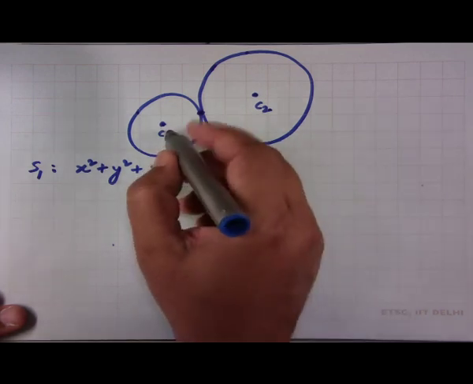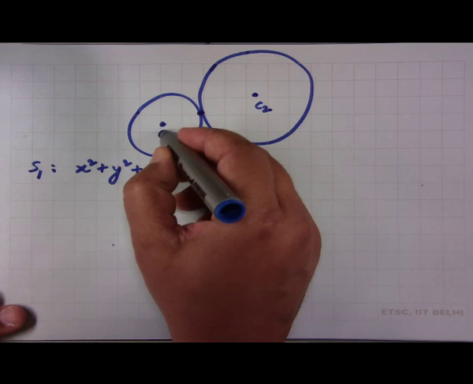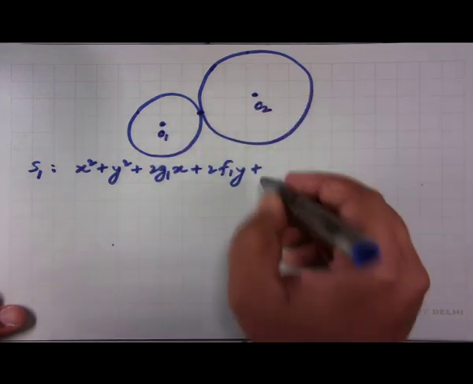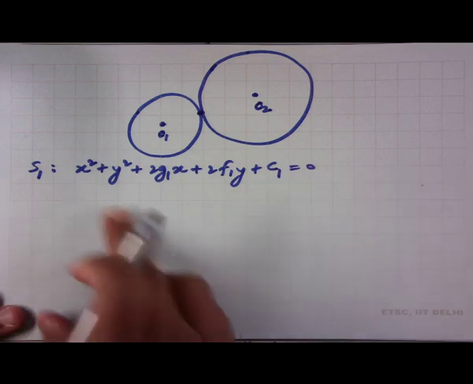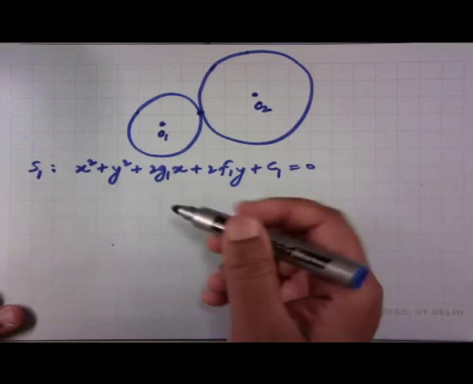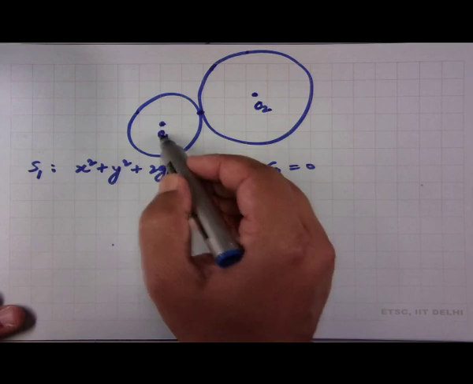Sorry, so I will use something else here. I will say O1 and O2 for the centers, because I will be using C1 and C2 in the equation for these two circles. So, the centers are O1 and O2.